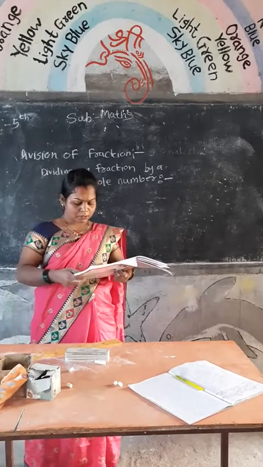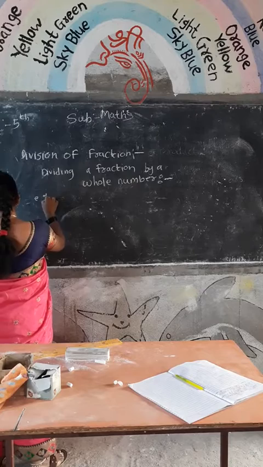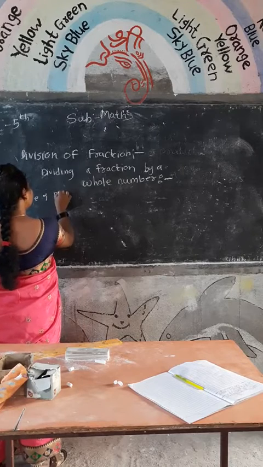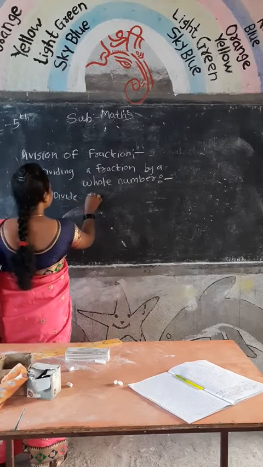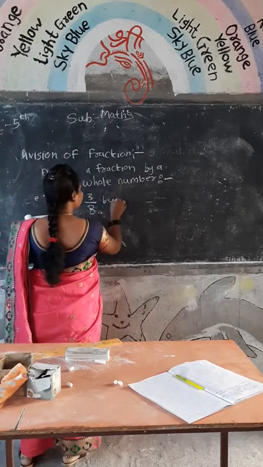For example, we will see one example. Divide 3/8 by 5.